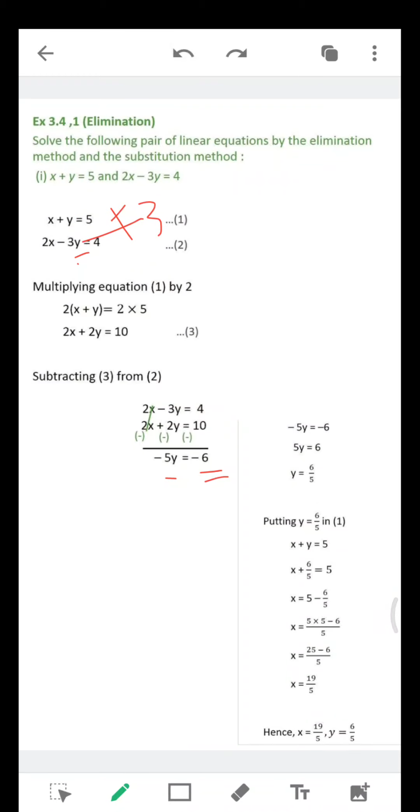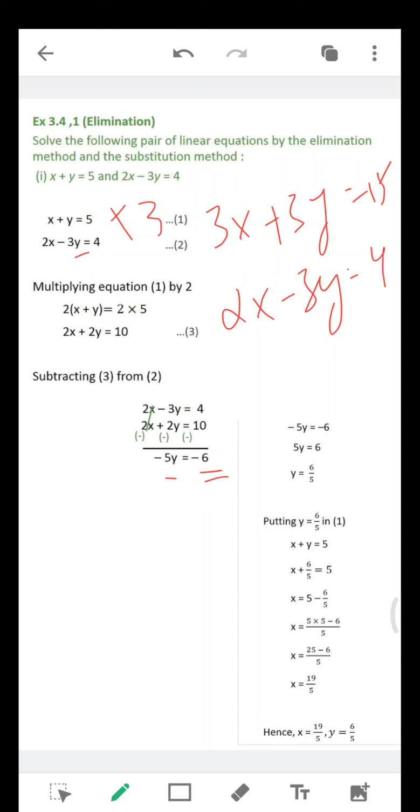If I multiply equation 1 by 3, I'll get 3x plus 3y is equal to 15, and this will be 2x minus 3y is equal to 4 as it is. Here I can cancel directly without subtraction, means addition I can do. Plus 3y minus 3y cancel, 5x is equal to 19 I get here, and x will be equal to 19 by 5, you can check here.